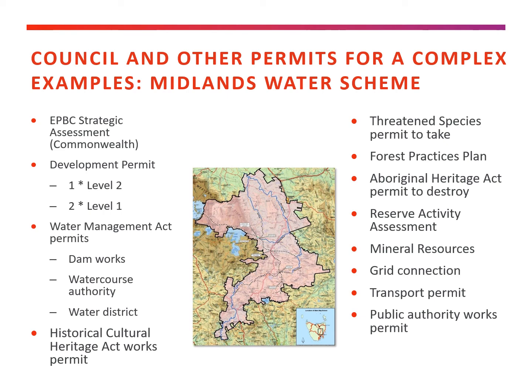There weren't any direct matters of national environmental significance triggered, but there was potential for a grassland to be affected because of the irrigation coming to threatened lowland grasslands. So a strategic assessment was done because the developer didn't want to use the project's regional significance because it's costly and horrible. There were 3 different councils involved, so 3 different permits, 1 at level 2, 2 at level 1.